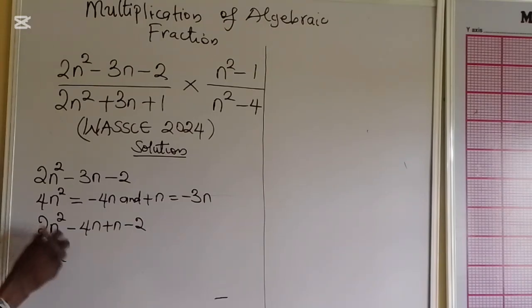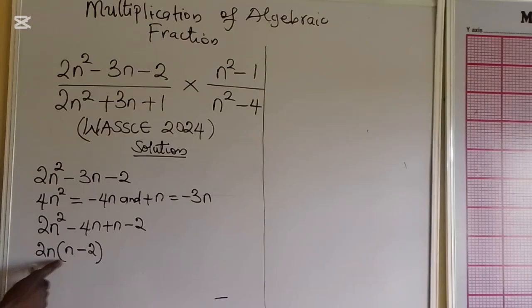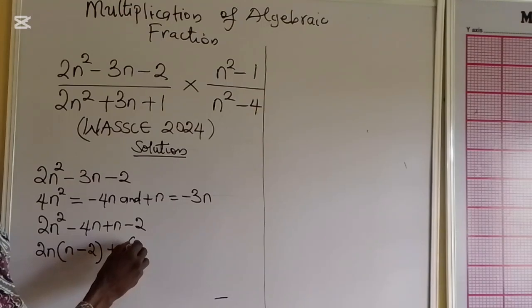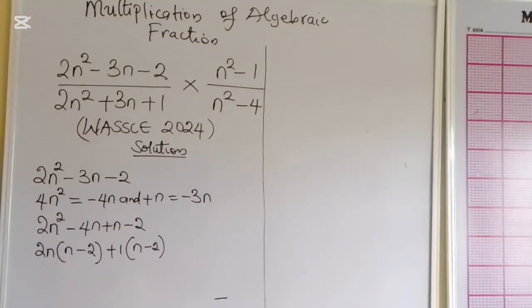We use 2n to divide this, you are left with n − 2. When you check back, 2n times n gives us 2n², and 2n times −2 gives us −4n. What is common in the other part is +1. So n − 2 is common.